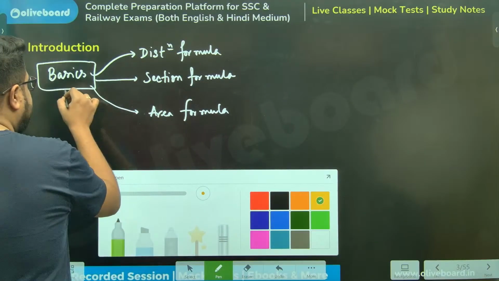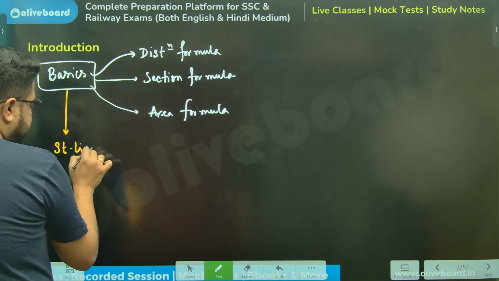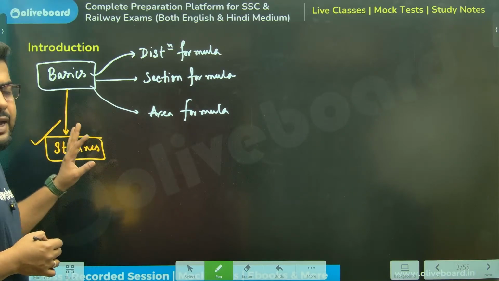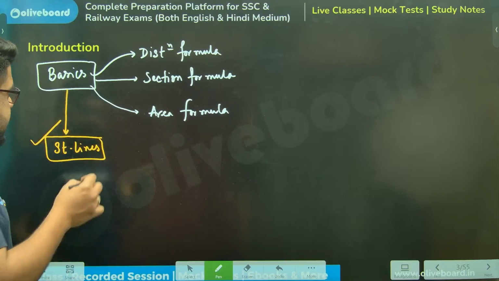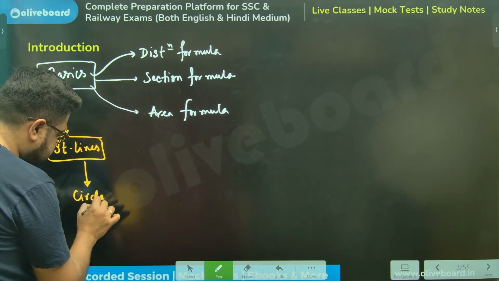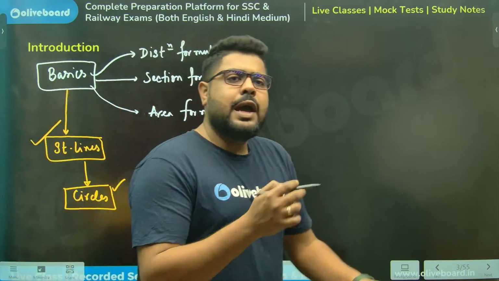Under the advanced stuff, first is straight lines. Different forms of straight lines you need to learn. Very important, and it's a little lengthy. And afterwards, you will need circles. Again, the form of circles, how the equation looks, and vice versa.